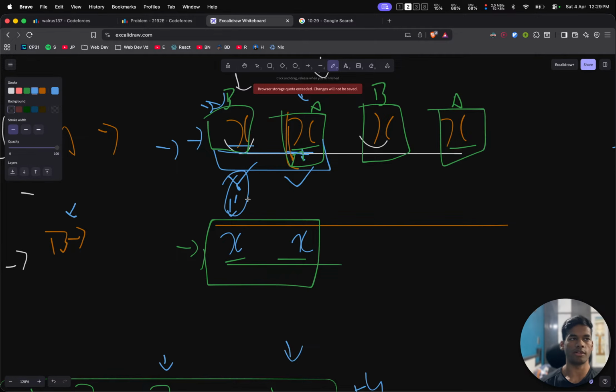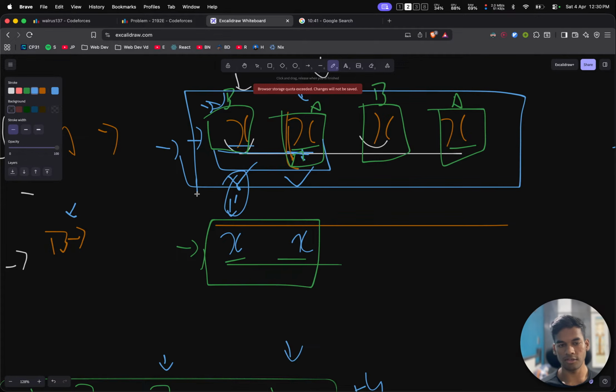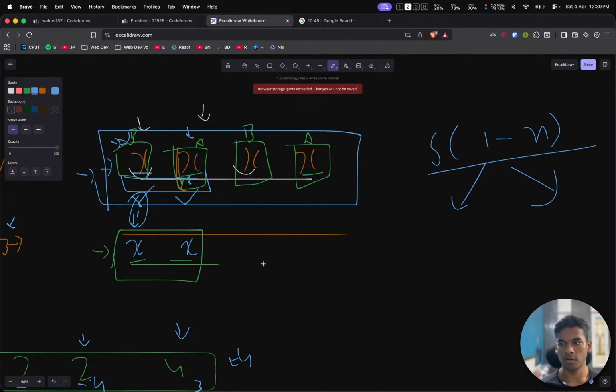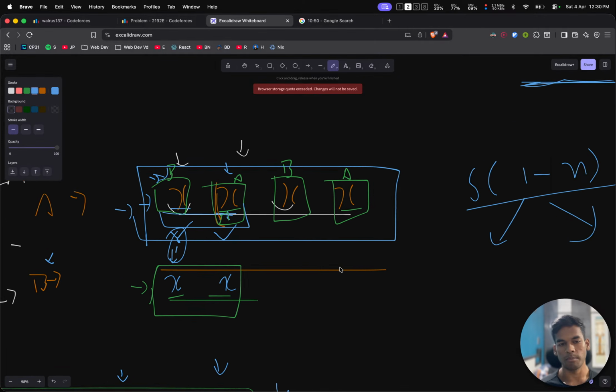So for each element, we do have a choice. For this x, we have these four possible indices which we could swap.